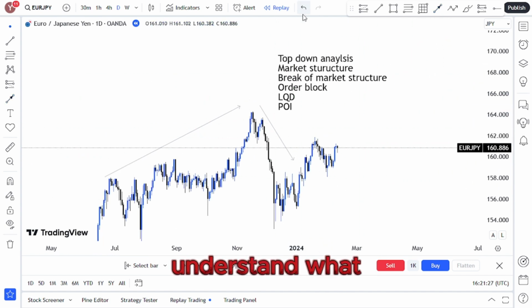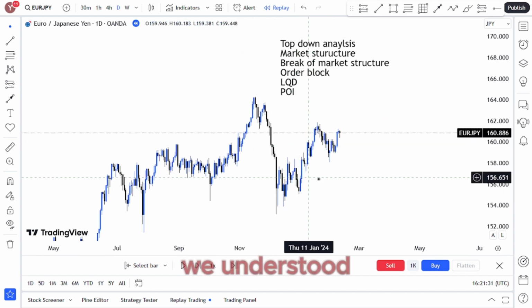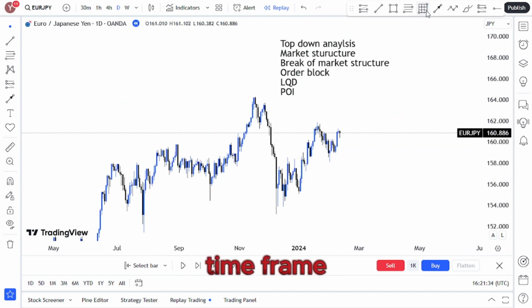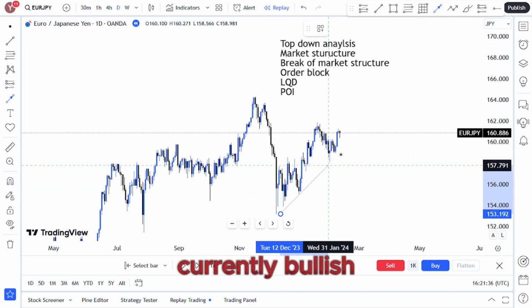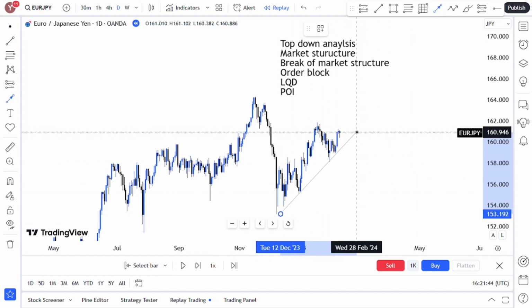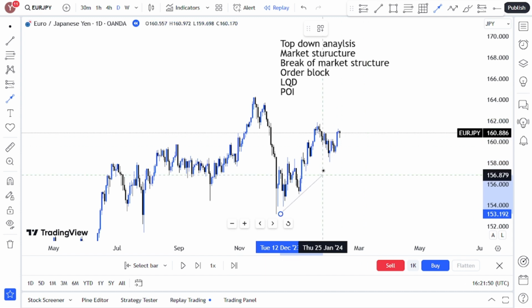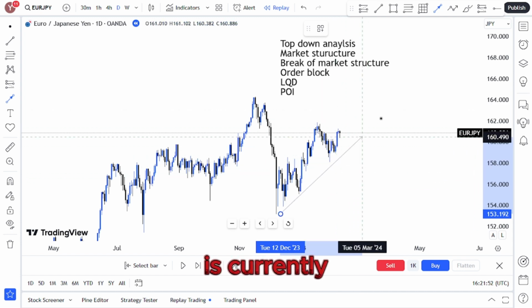So on the daily time frame, price is currently bullish. It means the euro, your base currency, is having strength against your quote currency. That is why price is moving ahead and is currently bullish.